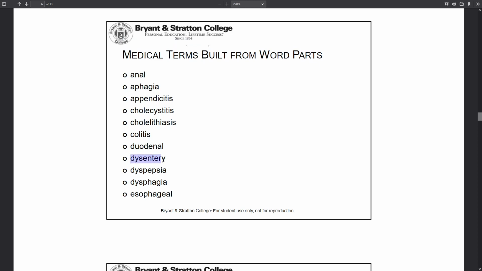Dysentery, like dysfunctional digestion. We talk about dysentery with digestive infections and fluid loss, so extremely excess diarrhea. Dyspepsia is a dysfunction of digestion. Dysphagia is dysfunction of eating, and esophageal, the esophagus.